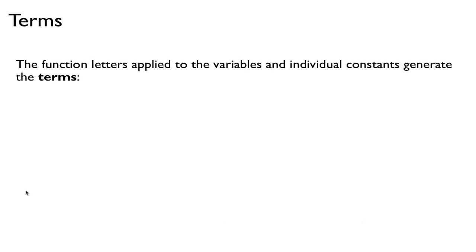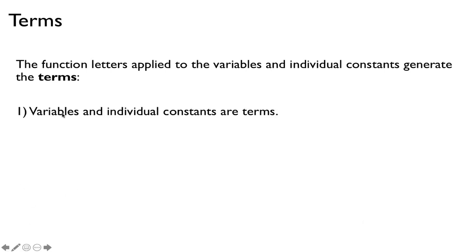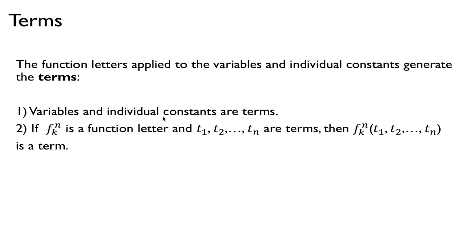Okay, let's talk about terms. What are terms? Well, variables and constants are terms. Those are the smallest units of terms. Another way to get a term is to apply an n-ary function to terms. So if t1 to tn are terms, and these could be constants or variables, apply f to them and you get another term.